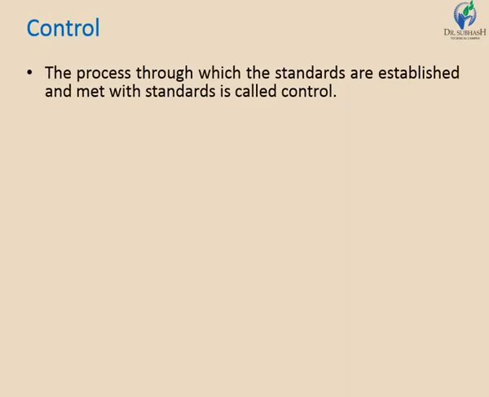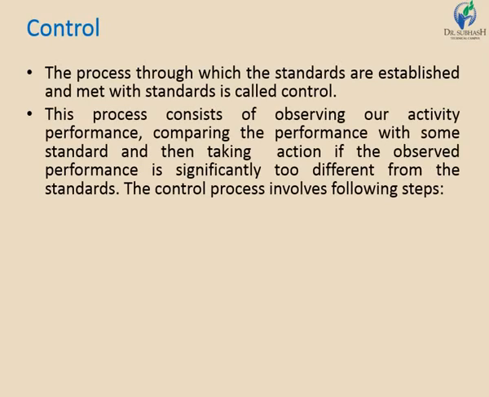Next, control. What is control? It is the process by which standards are established and met. For achieving some standards, there must be some controlling mechanisms. This process consists of observing your activity and comparing it with standard performance.